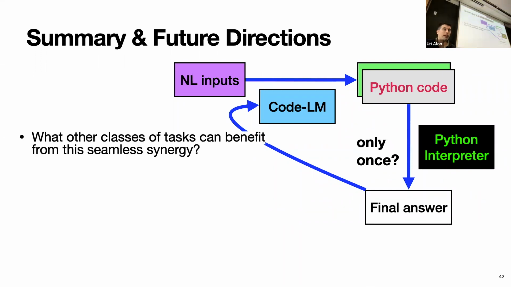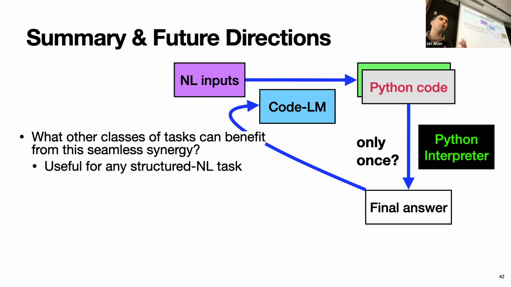Another interesting question is what other classes of tasks can benefit from this synergy between language models and external solvers. So we talked about common sense reasoning, mathematical reasoning, algorithmic and symbolic reasoning, but what other tasks in the world, in reality, can benefit from using such additional external tools?